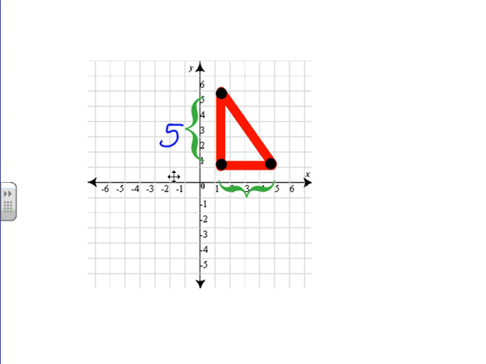So that measures 5 squares. But when it comes to the hypotenuse, we'll be cutting through the middle of squares, so we won't be able to do that. But we can use the Pythagorean theorem, where a squared plus b squared equals c squared, because we know what this is and we can find the c by using the Pythagorean theorem.